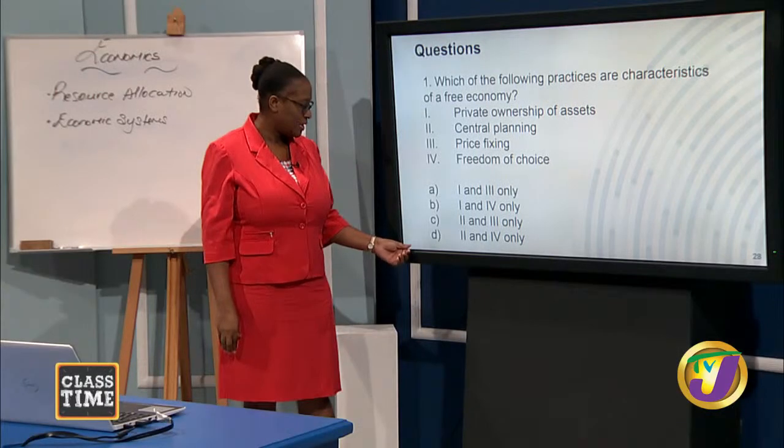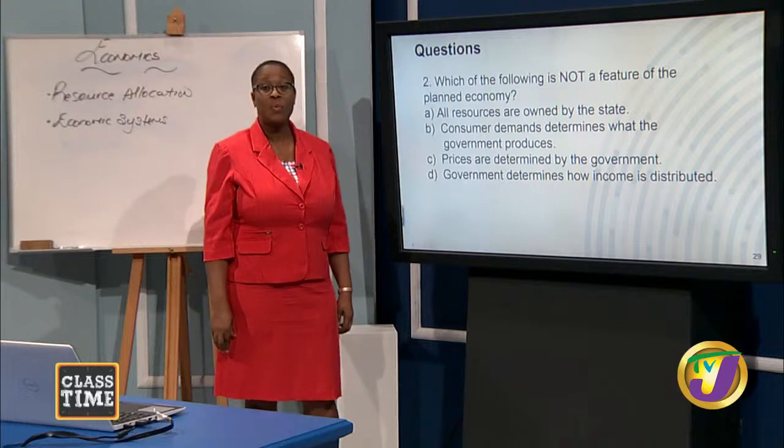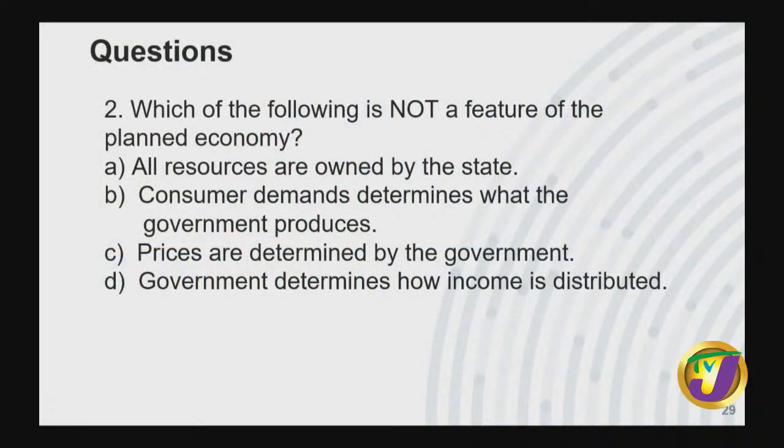Let's go to another question. Which of the following is not a feature of the planned economy? All resources are owned by the state. Consumers' demand determine what the government produces. Prices are determined by the government, and the government determines how income is distributed.